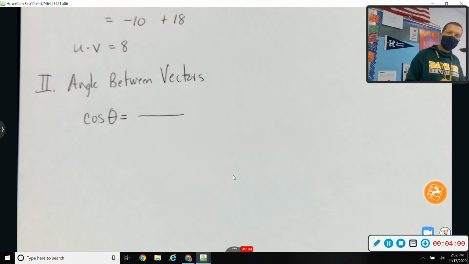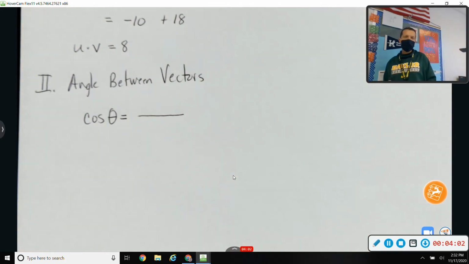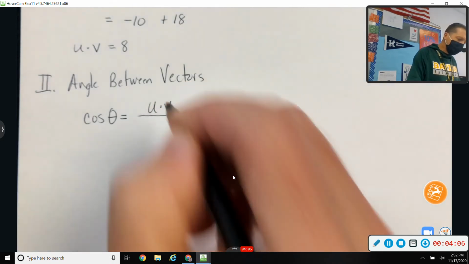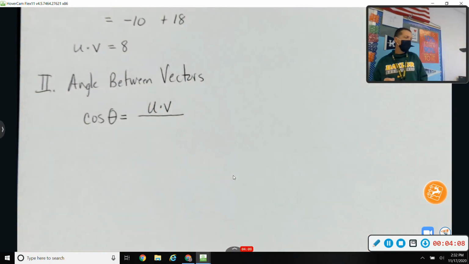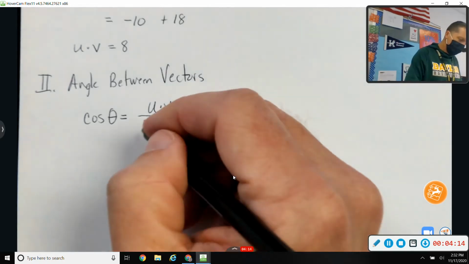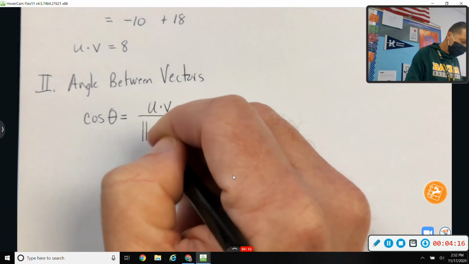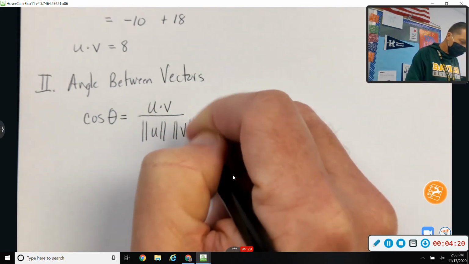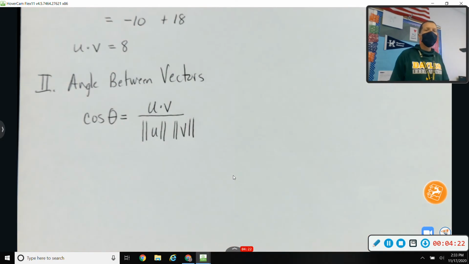It's more about knowing how to use it, where the stuff goes, than just memorizing a formula. So the cosine of the angle between them is u dot v, so that's the dot product we were just talking about, over the length of u times the length of v.